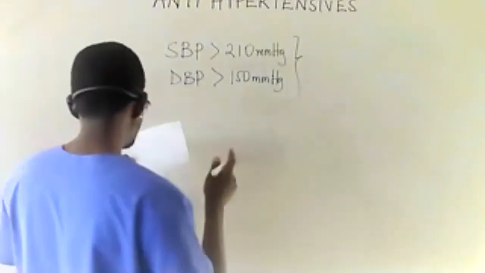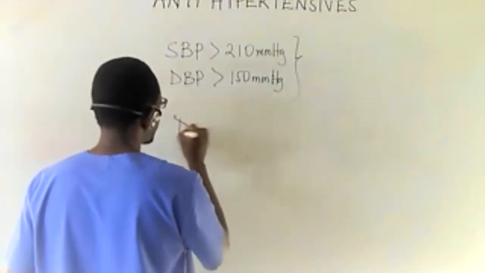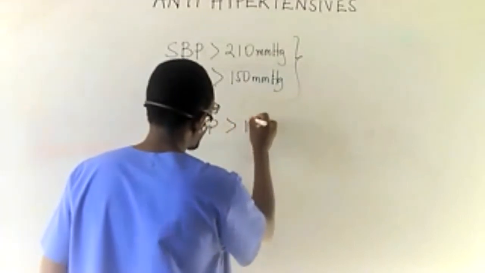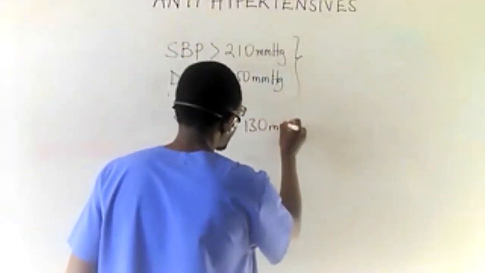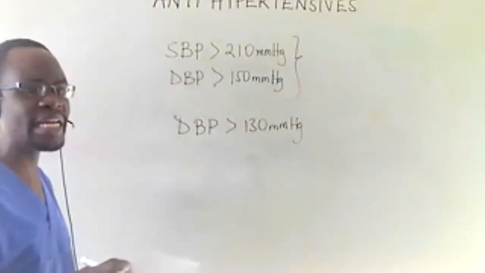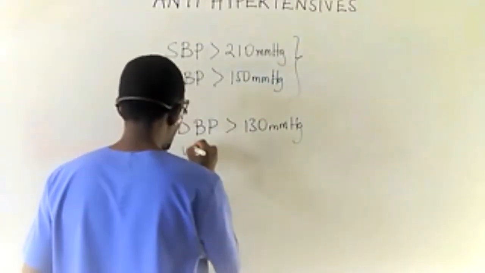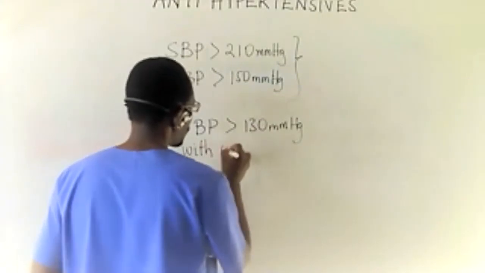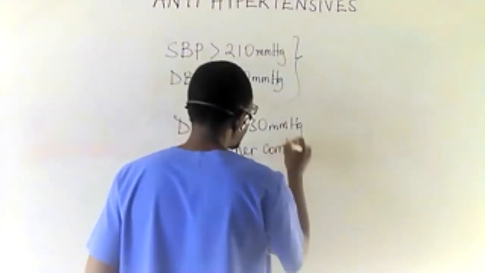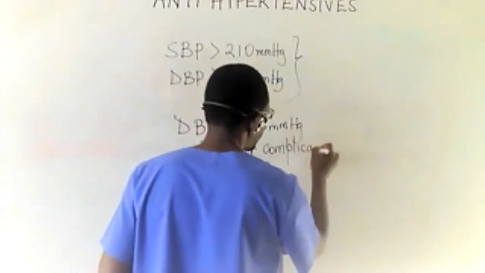But it can also be defined as someone with a diastolic blood pressure of more than 130 millimeters of mercury, when they also have other complications of the hypertension.